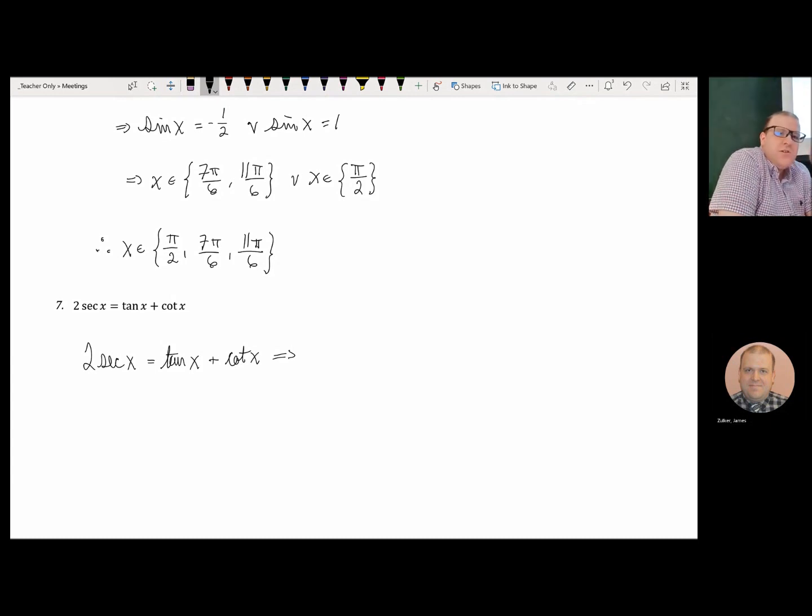Let's multiply by cotangent. Two cotangent secant equals 1 plus cotangent squared. Two cotangent, I'm sorry, cotangent secant.